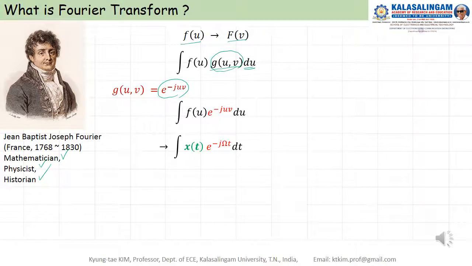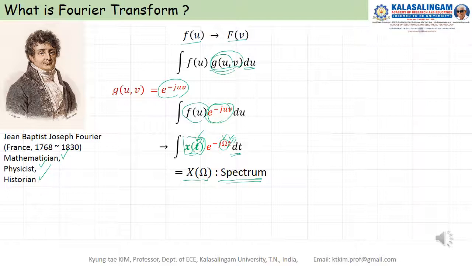Then we can rewrite it like this, using the waveform instead. Now here, a function of t and omega, integrated with respect to t, then t is removed, and omega remains. This is X(omega). We call this the spectrum.